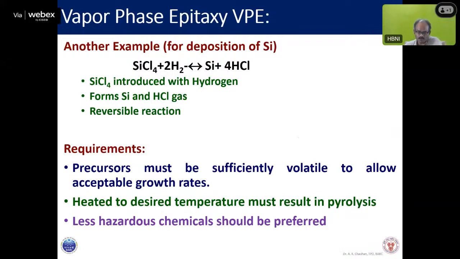Another example of vapor phase epitaxy is the deposition of silicon. Silicon can also be deposited by this.